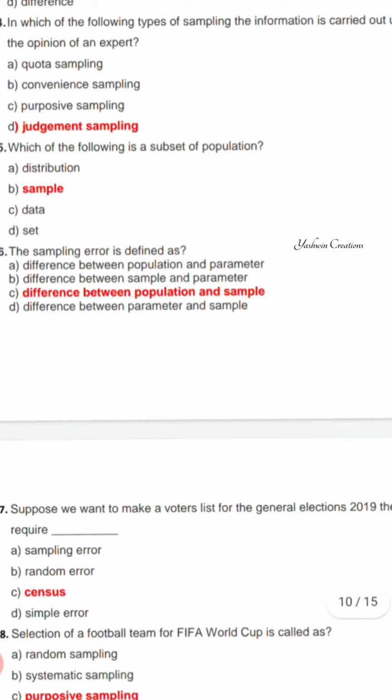Every year they consider the population list and make a list of people and consider their age. So if we do the census, then we will get the voters list for the elections. Selection of a football team for the FIFA World Cup is called purposive sampling.